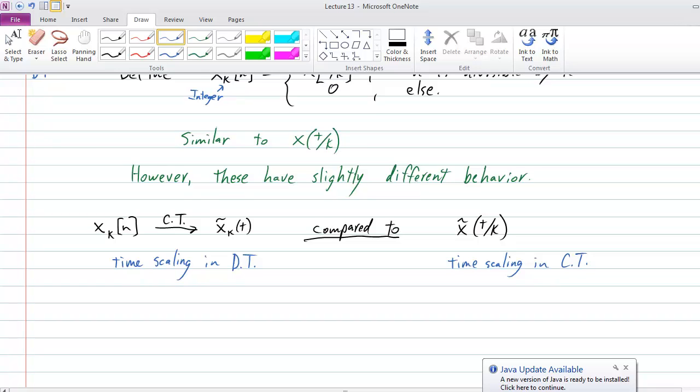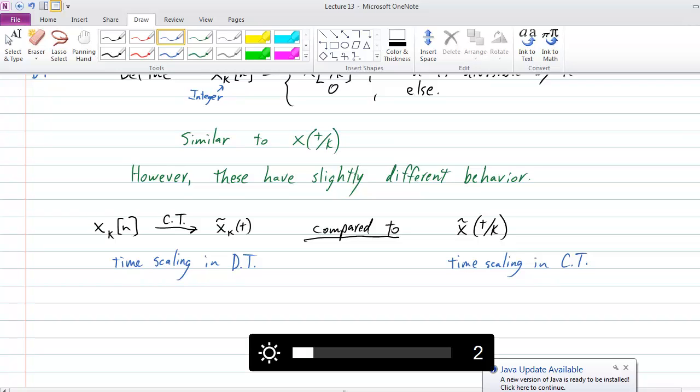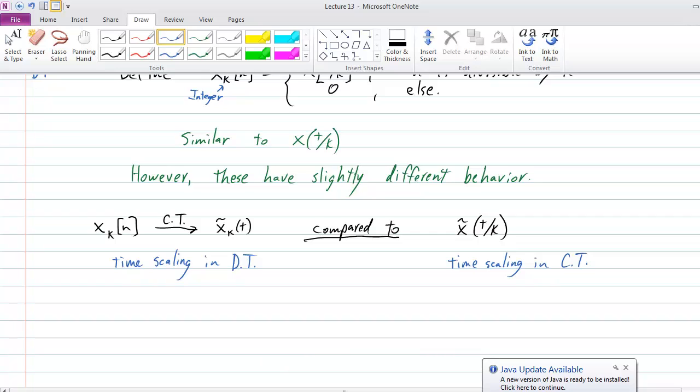That equals the integral from negative infinity to infinity of the sum, k equals negative infinity to infinity, of a_k delta of f minus k f naught, times e to the i 2 pi f t.